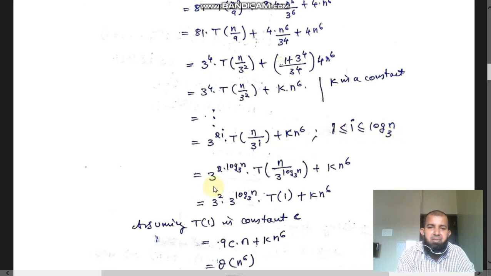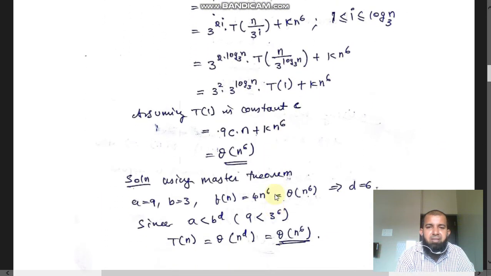So here i you can write as log n base 3: 3^(2 log n base 3) into T(n/3^(log n base 3)) plus k n^6. So 3^(log n base 3) gives T(1) plus k n^6. Assuming T(1) is constant, 3 squared is 9, c times n plus k n^6.